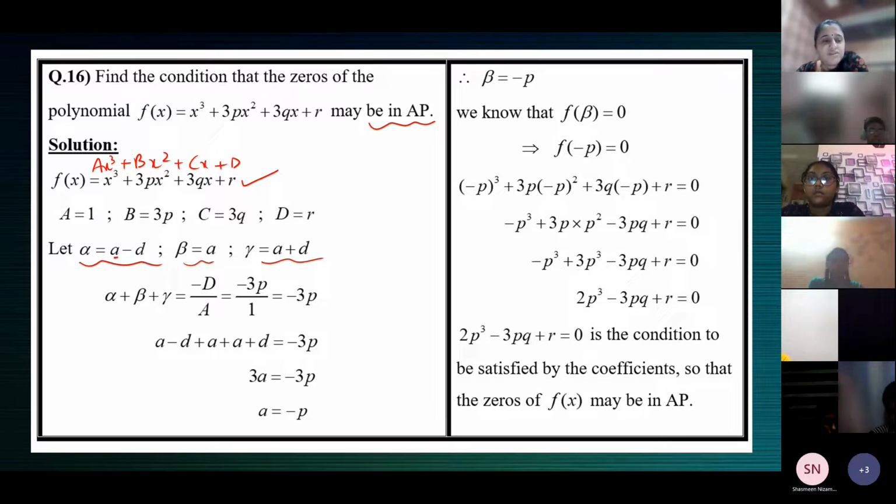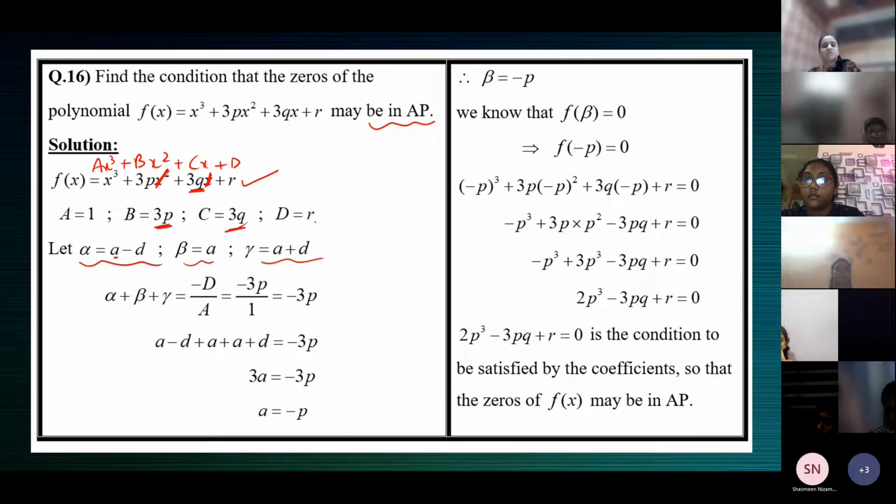So on comparing, you see A is 1, the coefficient of x cubed. The coefficient of x squared, B, is 3p. The coefficient of x, C, is 3q.